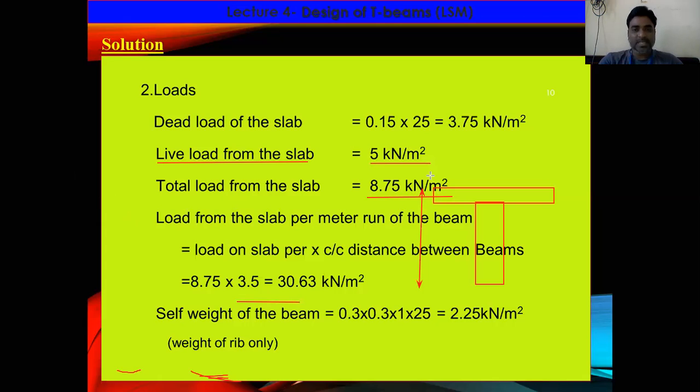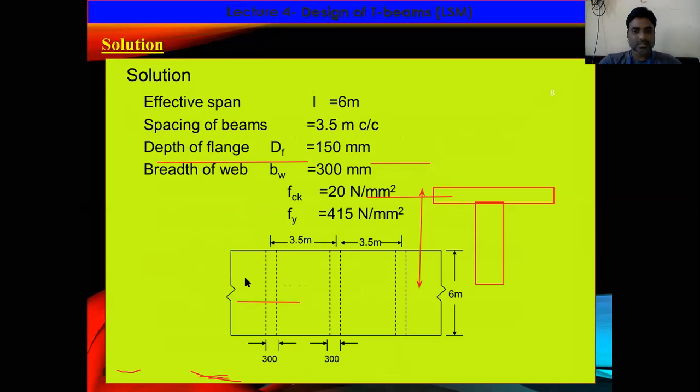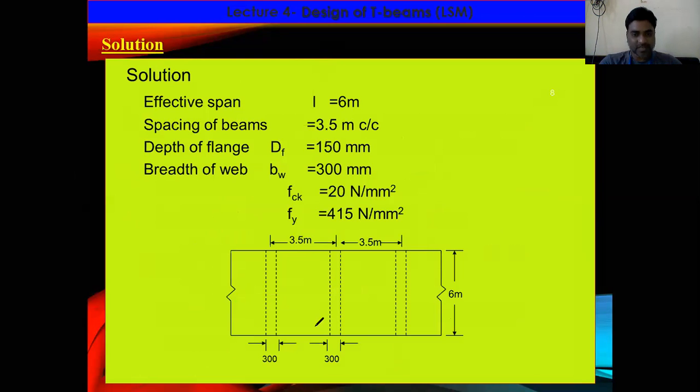This is per meter square, and you need to determine the load from the slab per meter run of the beam. While designing this beam, you have to transfer 50% of the load up to 50% of this span and up to 50% of this span.